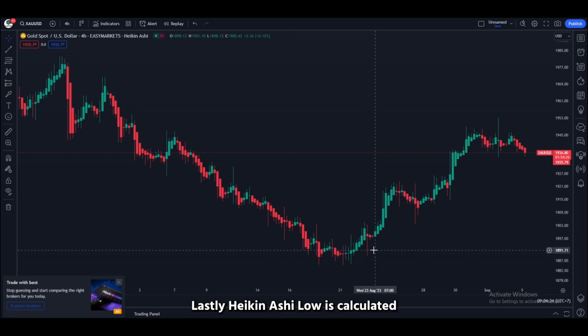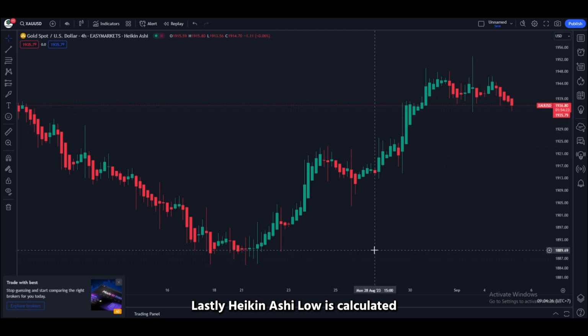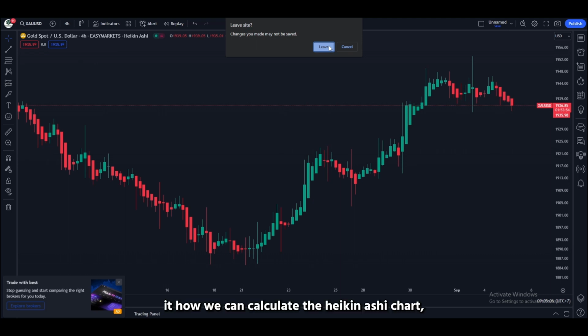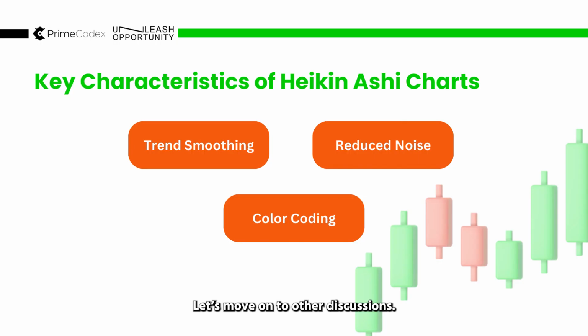Lastly, the Heikin Ashi low is calculated by the minimum of low, Heikin Ashi open, and Heikin Ashi close. Okay, I think that's how we can calculate the Heikin Ashi chart and its difference from traditional Japanese candlestick. Let's move on to other discussion.